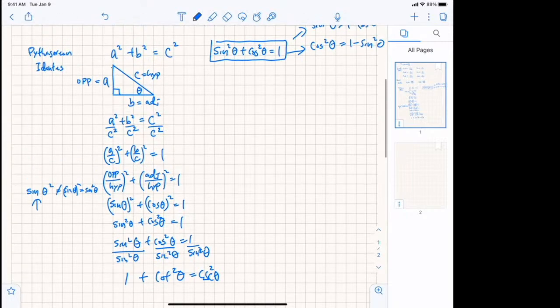So this is the second one: 1 plus cotangent squared theta is equal to cosecant squared theta. Does that make sense?